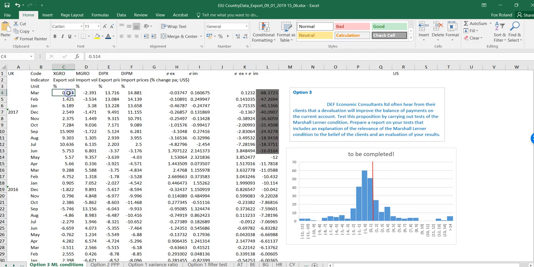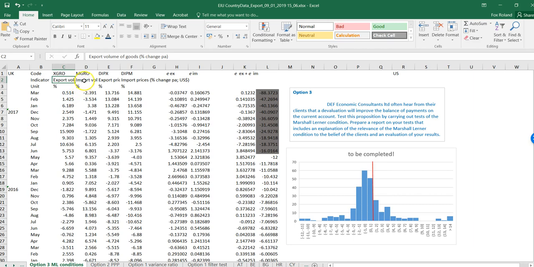For that, we need our quantity measure, so we need export volume of goods, and the UK has that, the United States has it, Germany, and some other countries in the EU. So if you go along here, you'll find some countries do, and a lot of countries don't have this data.